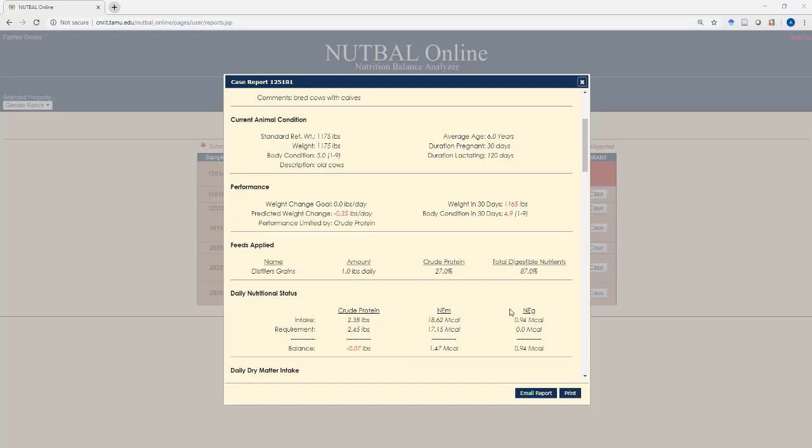And then next we have the net energy available for gain, NEG, and that is going to take your balance of excess NEM energy, if you have that in this diet, or if that has been calculated for this animal profile, and it will convert it to this other energy metric. So net energy of gain describes how your feed will contribute energy to weight gain by your animal.